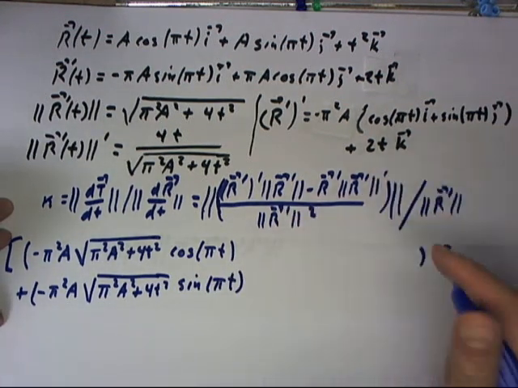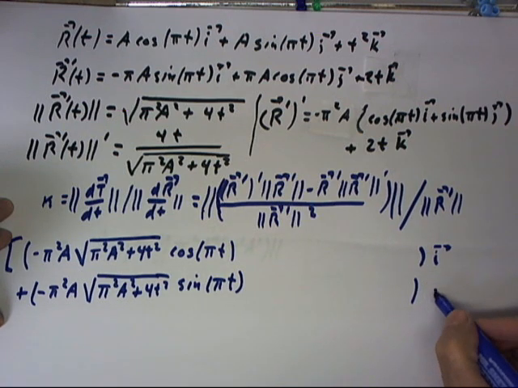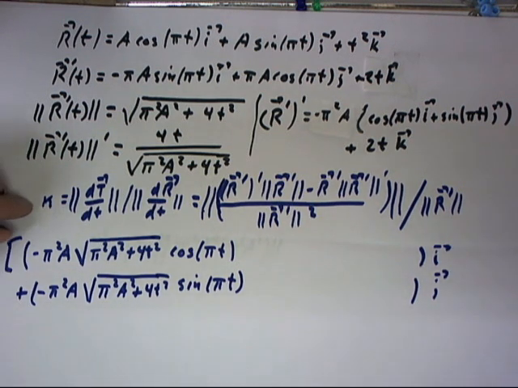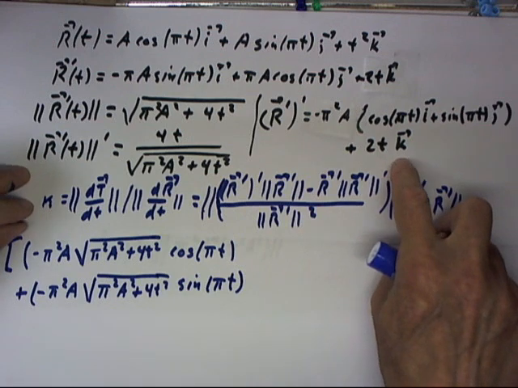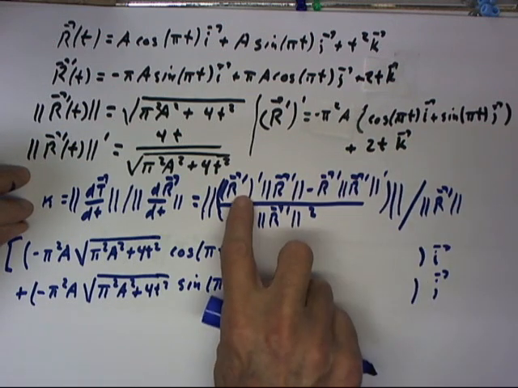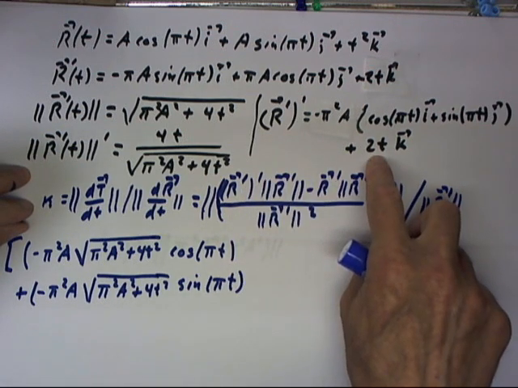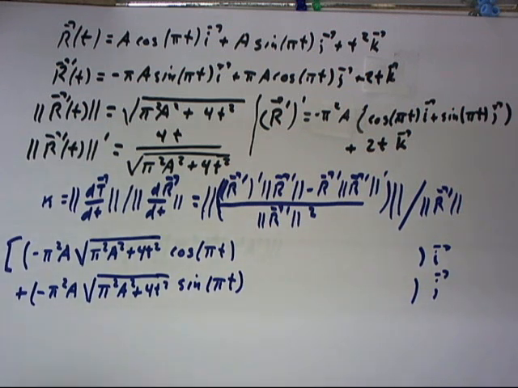There's going to be more again from the second part of our numerator, but that's going to be times j. And then what times k? Well, our r double prime actually doesn't have a 2tk. In fact, the k component is just 0.